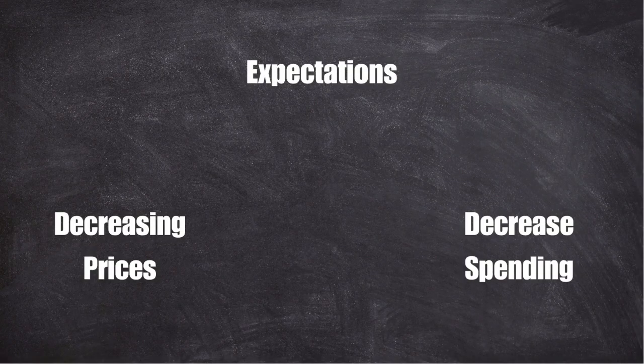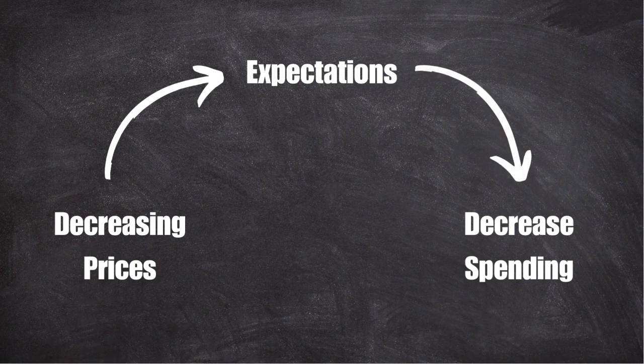So we start to see this downward spiral where decreasing prices make people expect prices to go down further, which slows down spending, which decreases prices more, and this cycle continues.